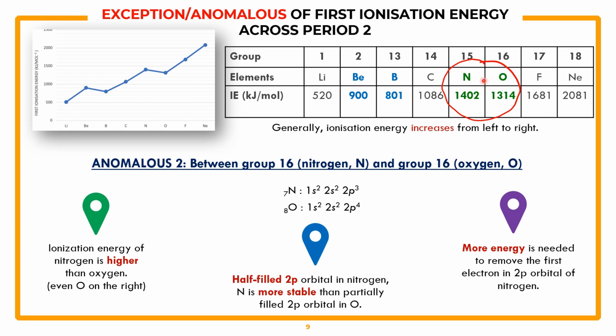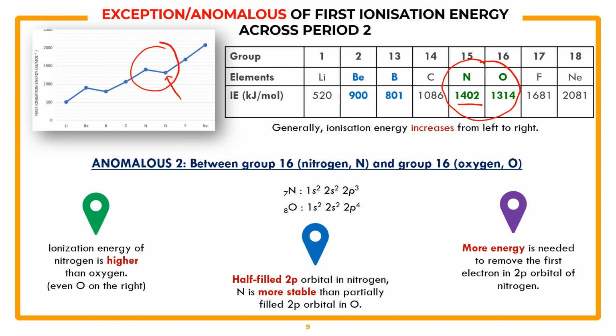But according to this graph, we can see that ada a few lekuk. Okay, ada sedikit lekuk lah. Okay, di antara nitrogen dan juga oksigen di sini menunjukkan bahawa the first IE of the oxygen is lower than the nitrogen. So, macam mana boleh jadi macam ni? Okay.